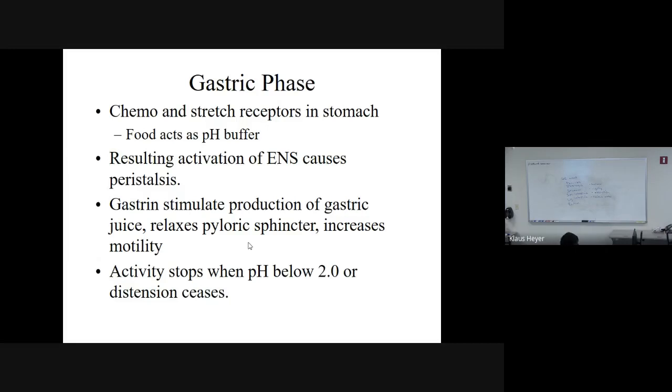The gastric phase is like your stomach is moving around a lot more, breaking down the food and trying to get rid of it and send it into the intestine. So increases motility means you're moving it along. We want to get it into the intestine.